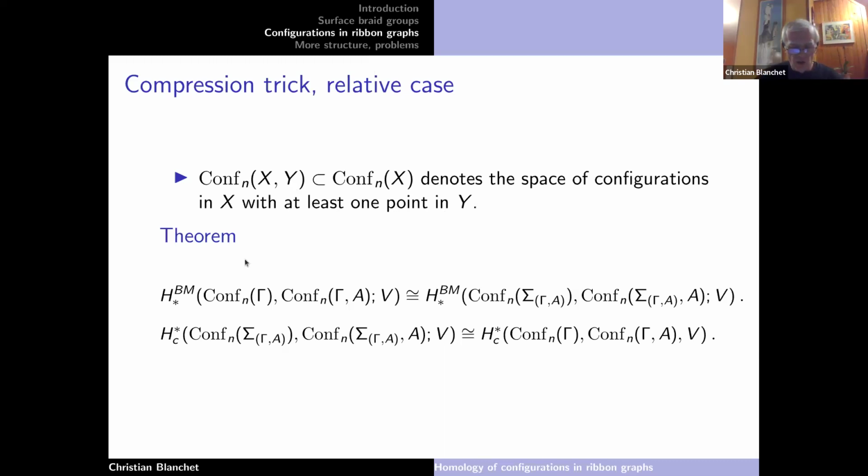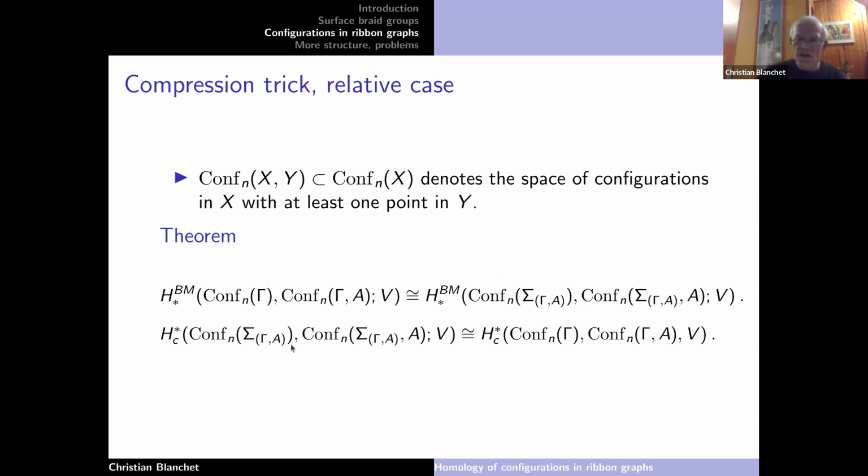And then we have a similar theorem, which is an isomorphism in Borel-Moore homology between the Borel-Moore homology of configuration in the graph gamma, part of the boundary, and the same for the surface, configuration of endpoint in the surface, gamma point in the boundary. And it should be Borel-Moore, and as well for cohomology with compact support.